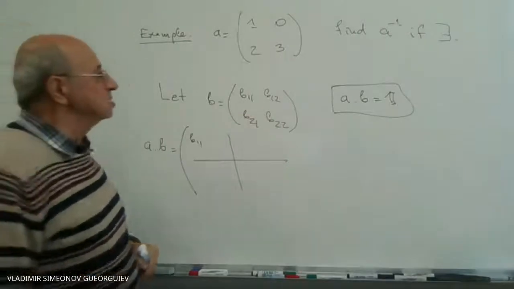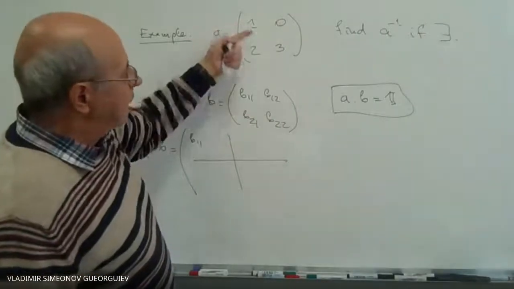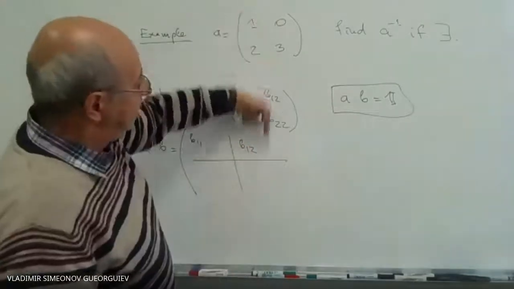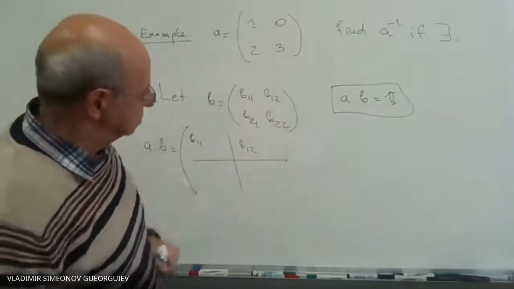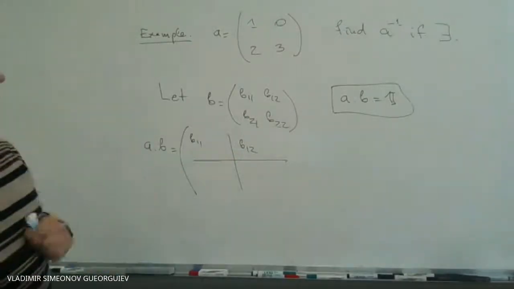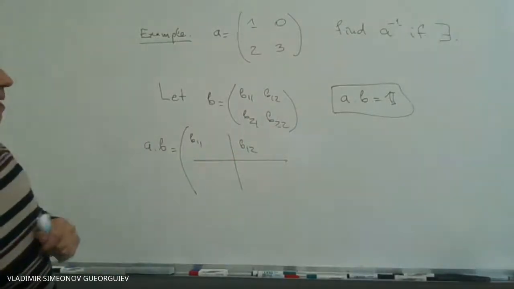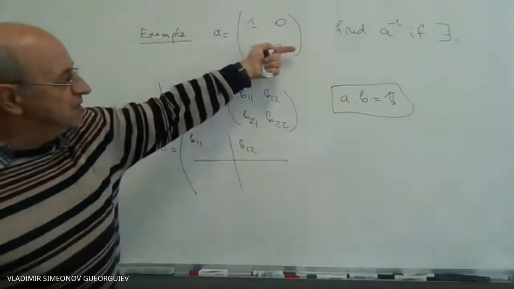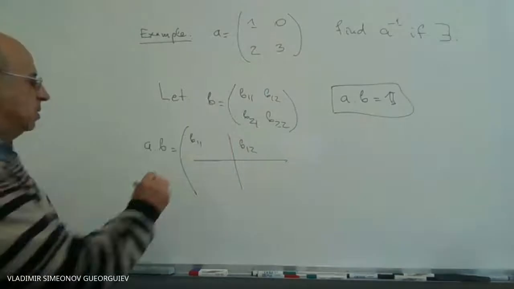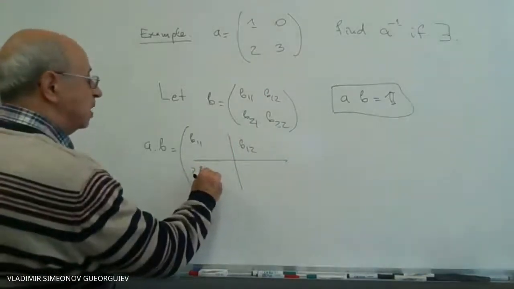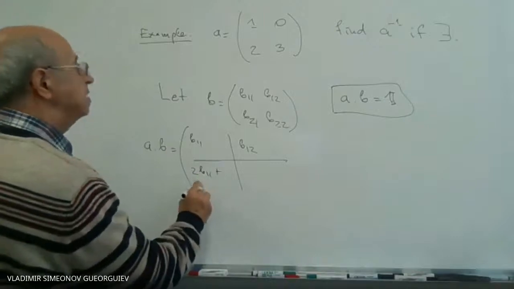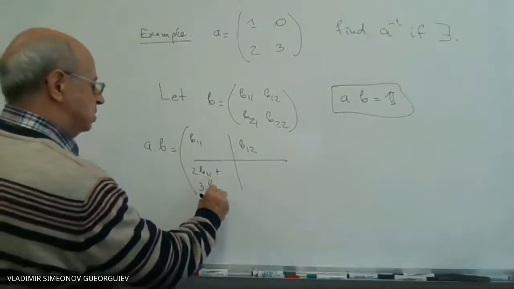But what is the result? 1 times B12, that is B12, and 0 times B22 is 0. So this entry is B12. Let's take now this element. This means this row by this column: 2 B11 plus 3 B21.